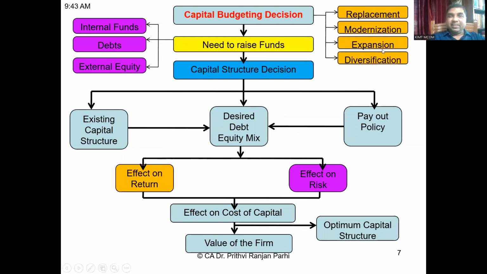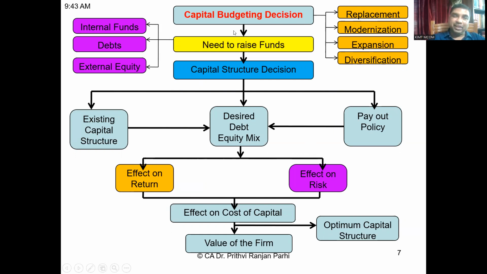And this slide again explains how capital structure decisions are important for capital budgeting decisions. Capital budgeting decisions means investment decisions. So business houses need money for replacement of their assets, for modernization of their assets, for expansion, for diversification. These are the purposes for which money is needed.